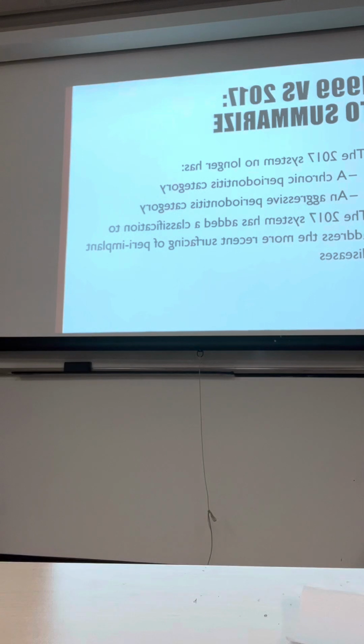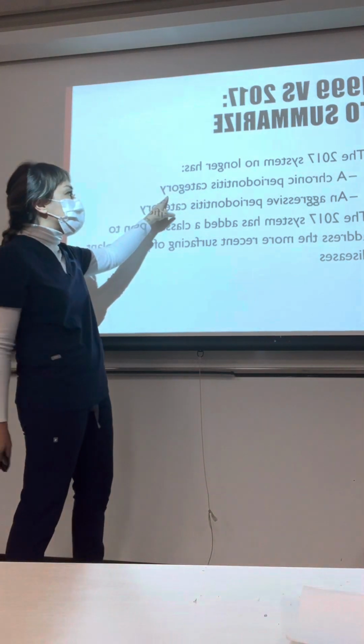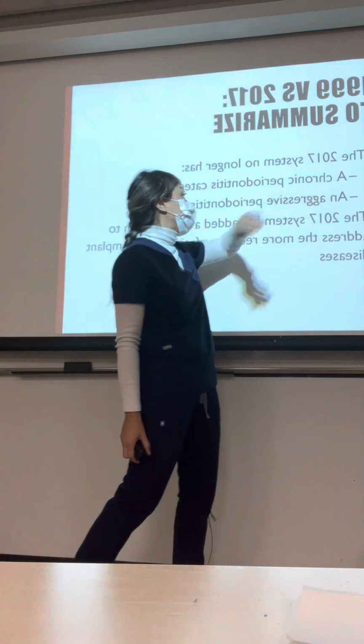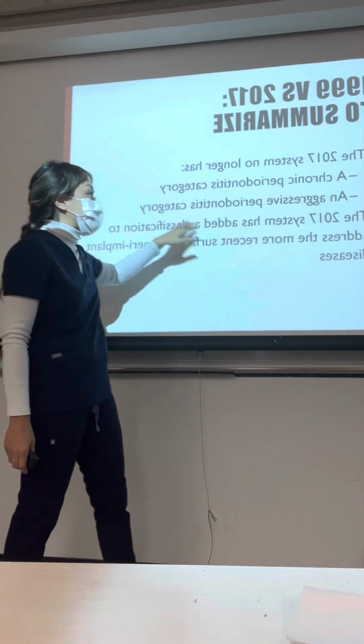Okay, so in summary, what's the major difference between the 1999 system and the 2017 system? For sure, the verbiage. They no longer call it case type 1, case type 2, case type 3. They do staging instead. The other thing is they no longer identify chronic periodontitis as a category, which is interesting. They just took off the word chronic, and they no longer identify aggressive periodontitis as a category.